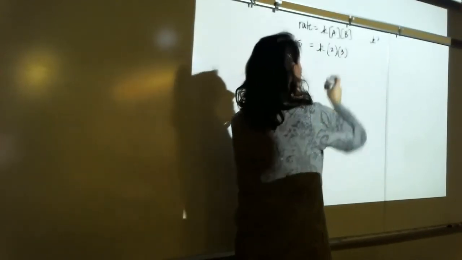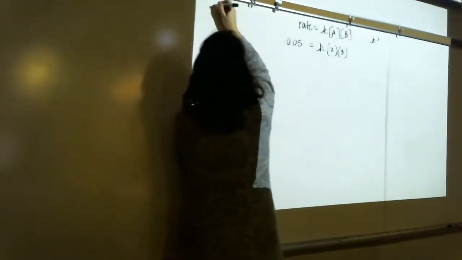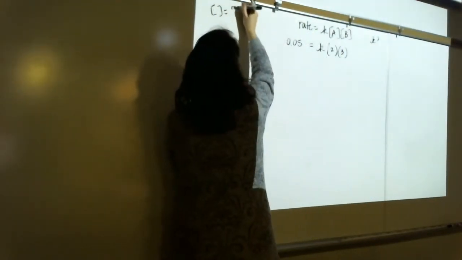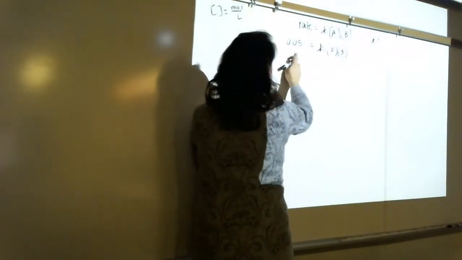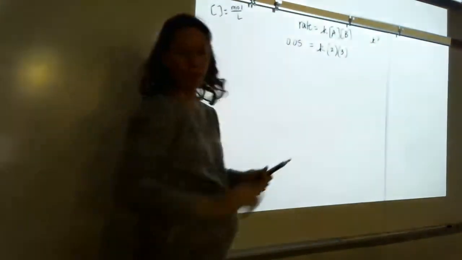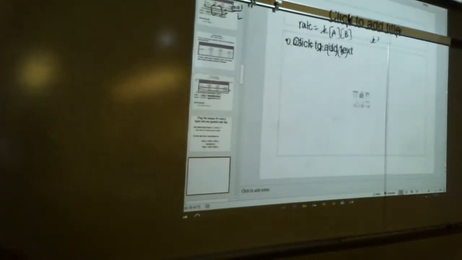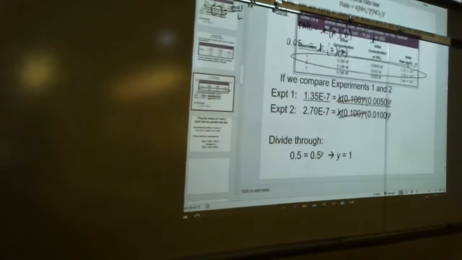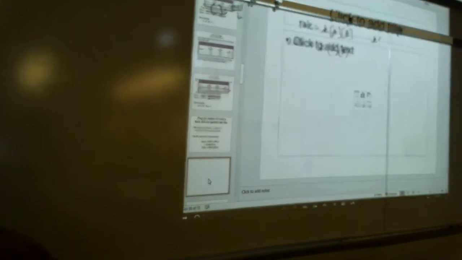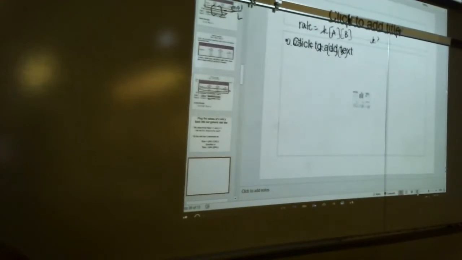Okay, now these brackets mean moles per liter, right? And then this comes from what the rate was in my table. The rate here is moles per liter second. Okay, so we need to carry that with me.